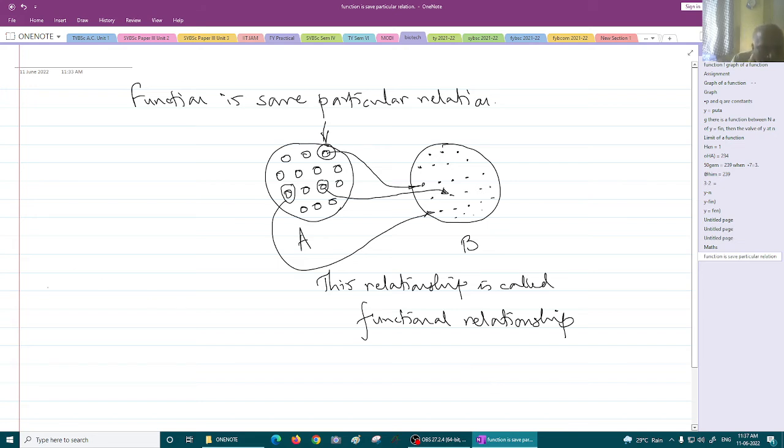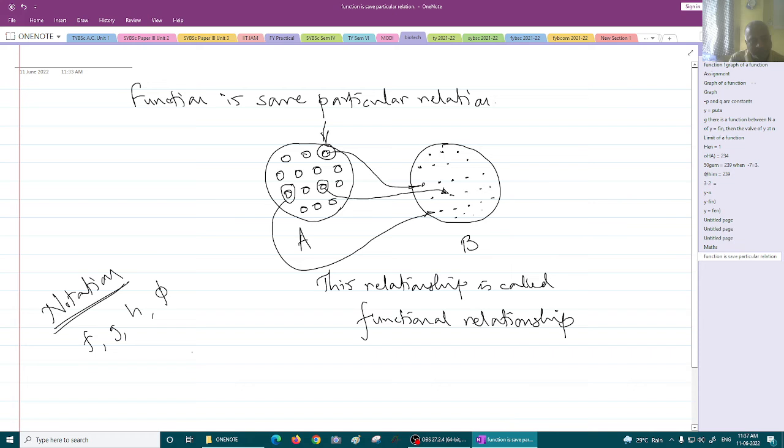So usually whenever I want to denote a function, people use symbols like F or G or H, something like that. You will find the Greek letter phi also being used sometimes. So how do we write whenever I want to say that there is a function from A to B?